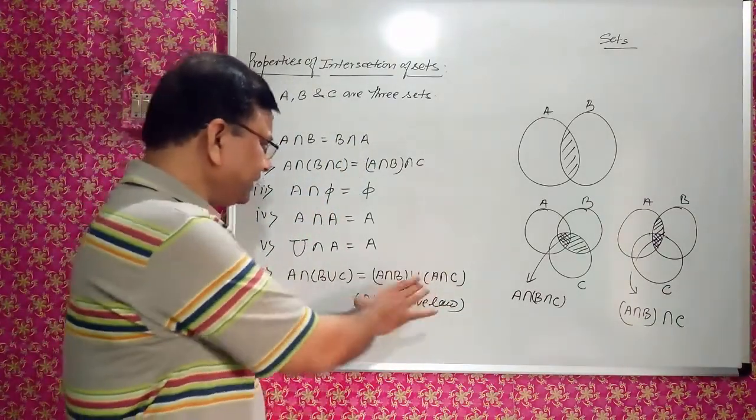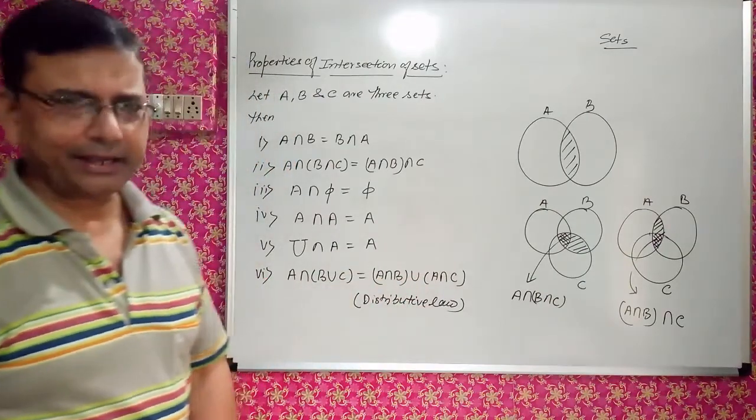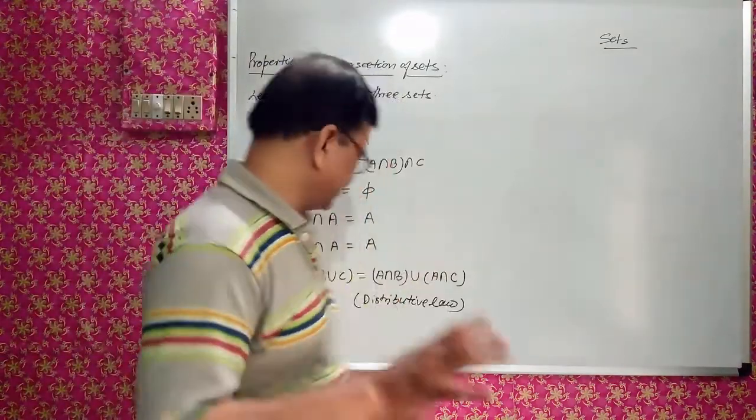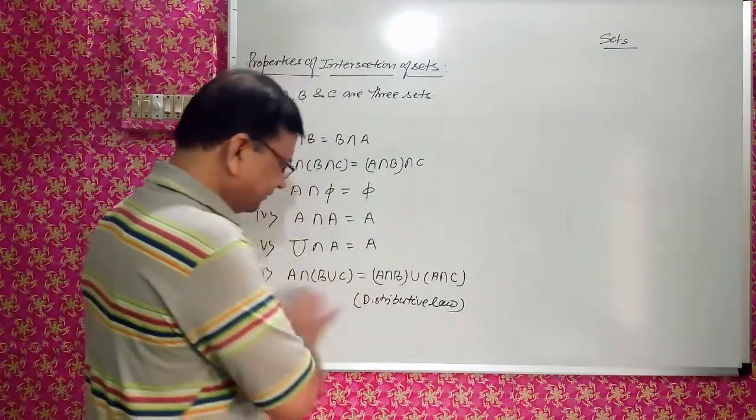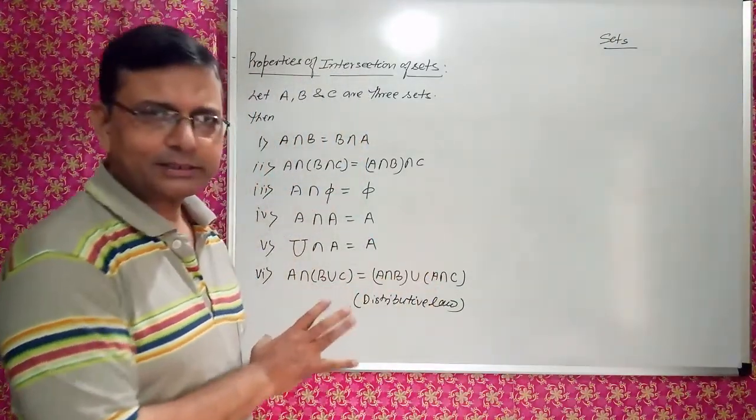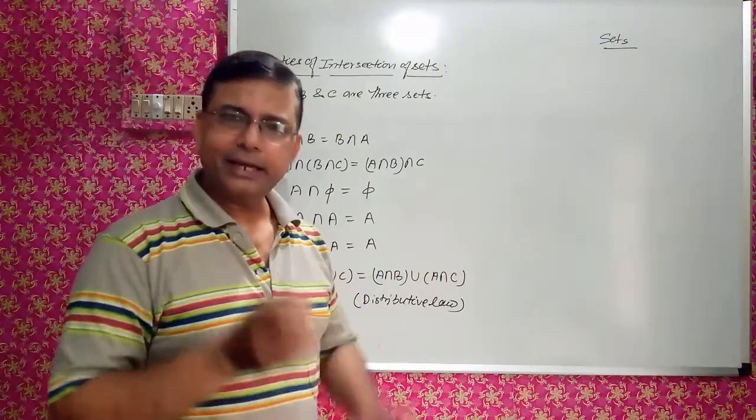So this is distributive. This can also be shown with Venn diagram. Now I will show you the sixth property by Venn diagram. Right? Whether it is correct or not, that will be shown by Venn diagram.